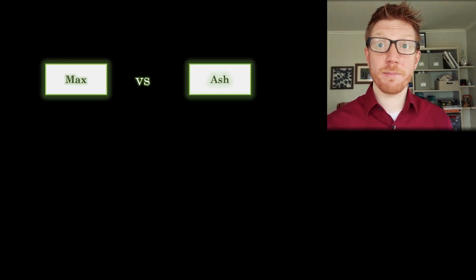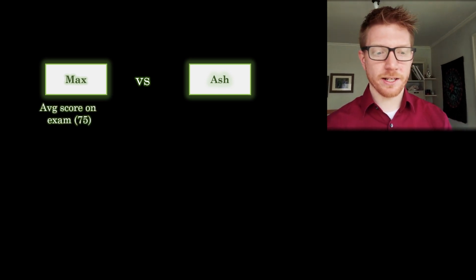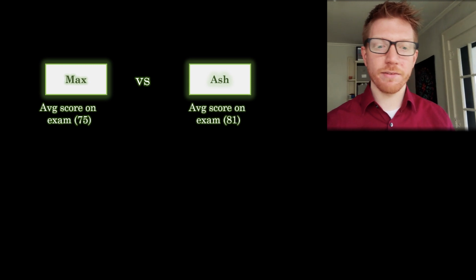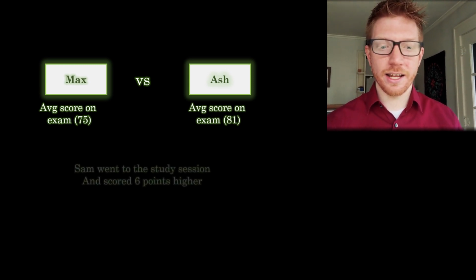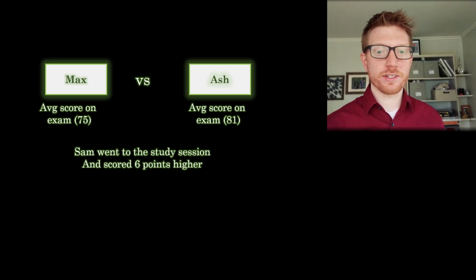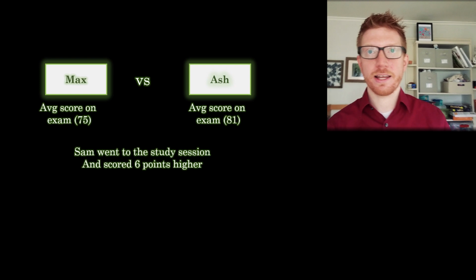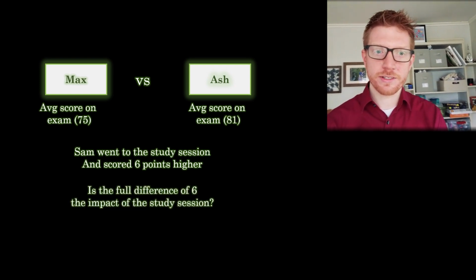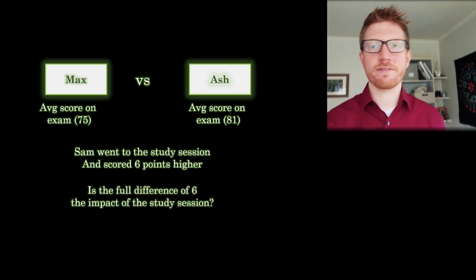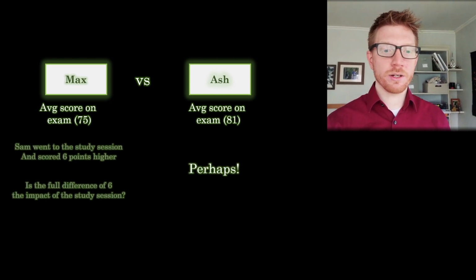So if we compare Max and Ash, and we look at how they did on the exams, Max got a 75, Ash got a 81. So there was this 6-point difference in their exam grades. Would we expect that this 6-point difference is because of the study session? Maybe.